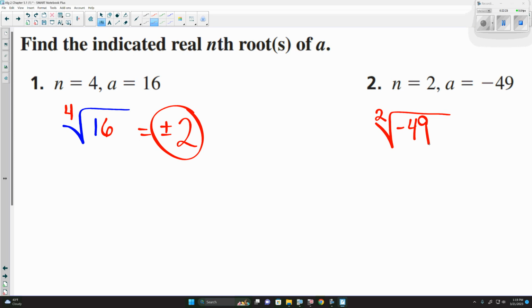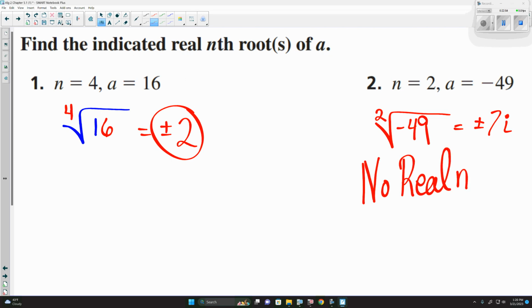Last one we're looking at is the square root of negative 49. It would be plus or minus 7, but because we have a negative, and again we're asking for the real root, this here has no real nth roots.